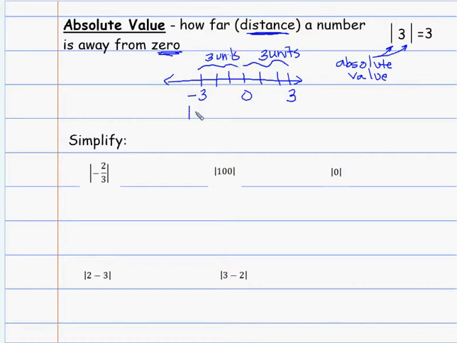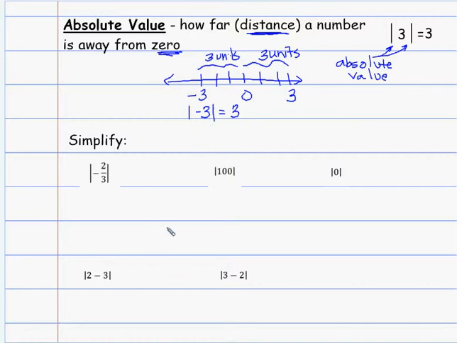So the absolute value of -3, how far away is whatever's inside those symbols from 0? It is 3 as well. So when you're talking absolute value, you're going to have two numbers that can go inside the absolute value that are the same distance from 0, because you have one set of values on the right and one set of values on the left from 0.